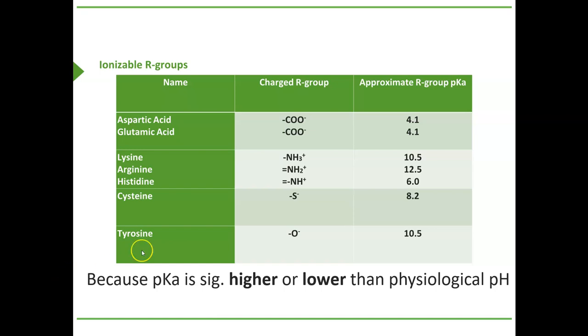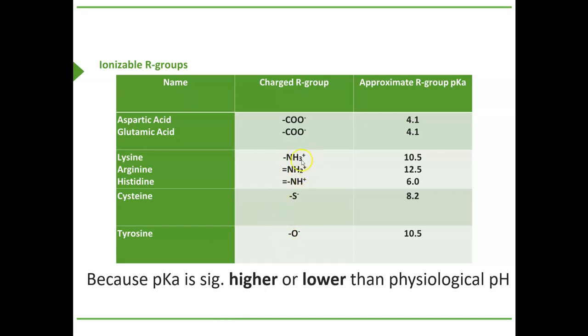So at different concentrations of acid, depending on the physiological pH, these side chains will have a charge on them. This is an important idea: some of these will be charged and some not, which changes the intermolecular forces that might be involved in side chain interactions.